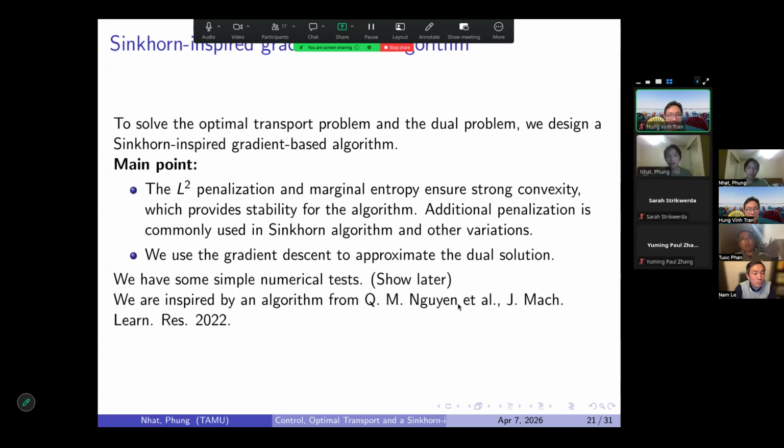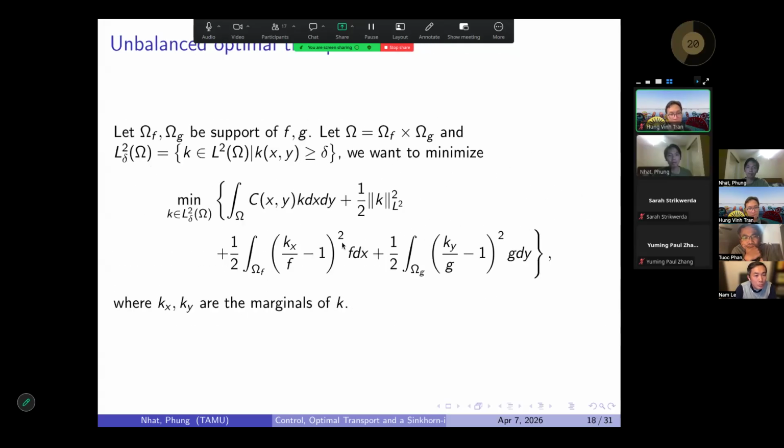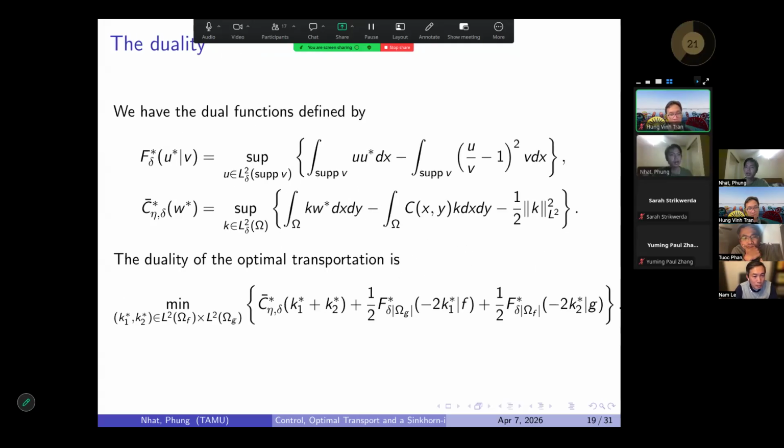The algorithm we use is actually inspired by the paper with four authors in 2022. And the paper is actually about gradient Sinkhorn-inspired algorithms, which, as I mentioned, comes from the penalization that we add to the optimal transport problem here, and also in here as well.